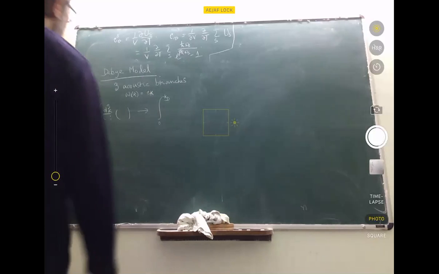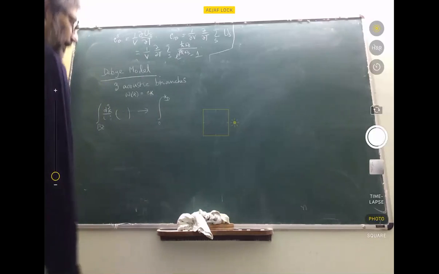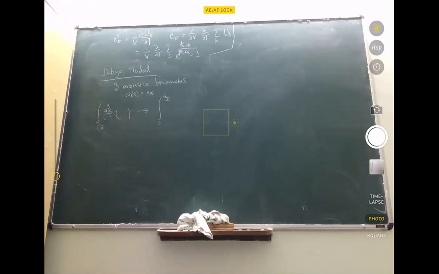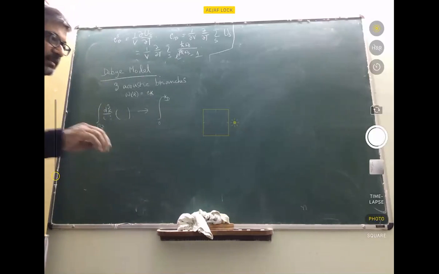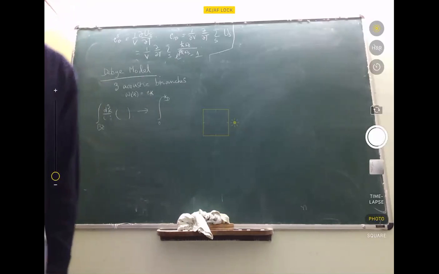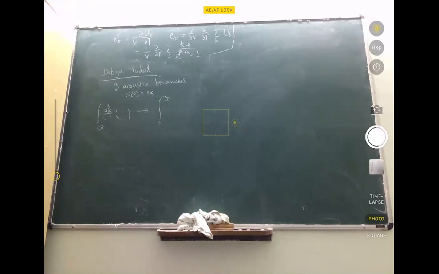Now, how do you choose kD? kD is chosen in such a way that this sphere contains exactly the same number of k points that are contained in the Brillouin zone.